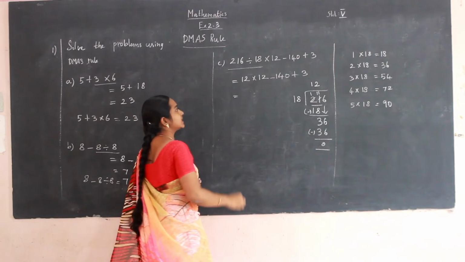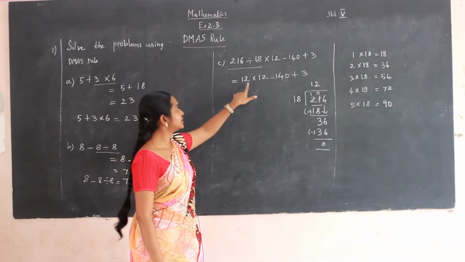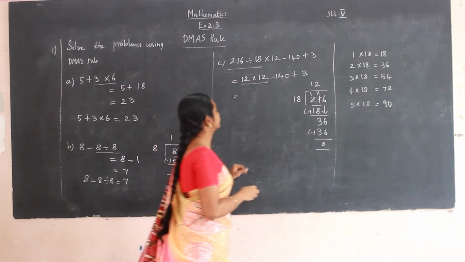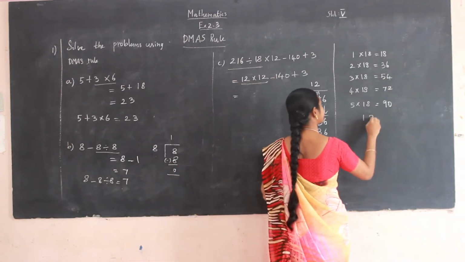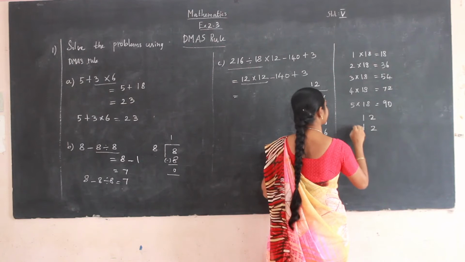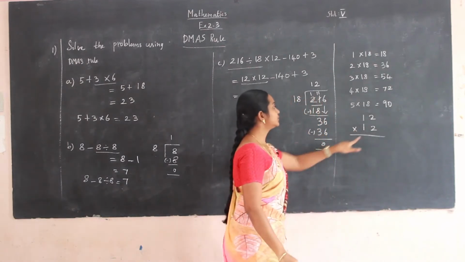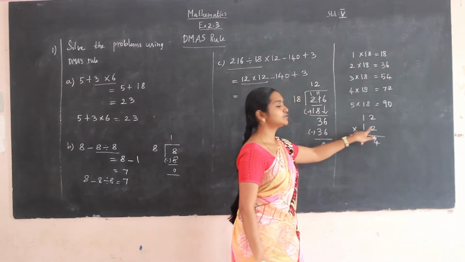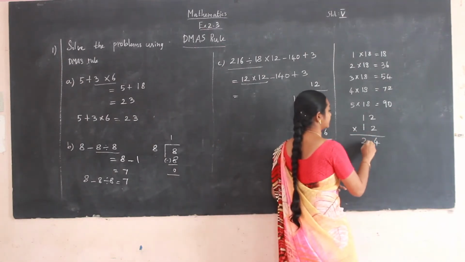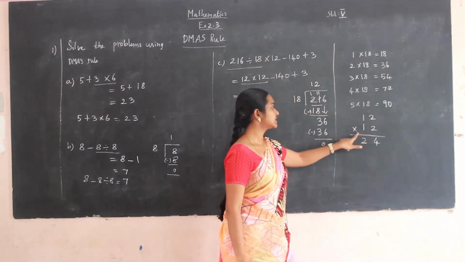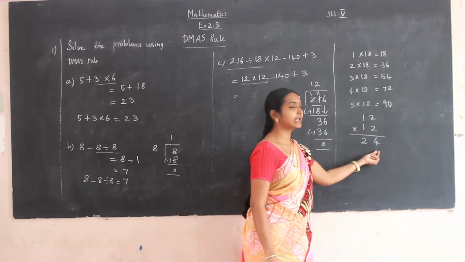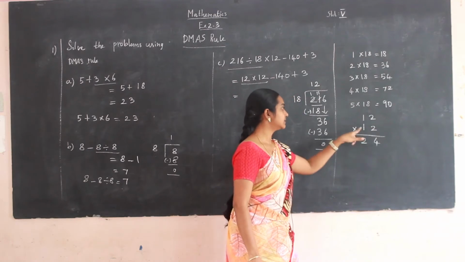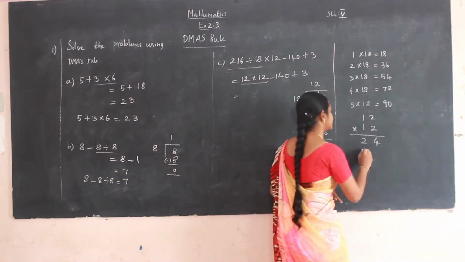What we have to do next? We have to multiply 12 and 12. 2 into 2 is 4. 1 into 2 is 2. Next, while writing the second line, you have to start writing from the second one. That is 1 2 is 2.